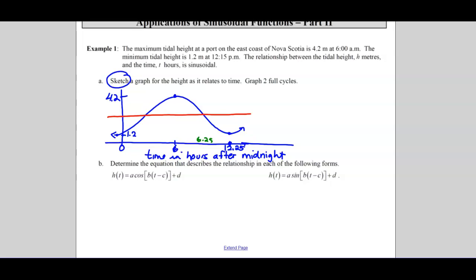Halfway in between. How do you find halfway in between? You take the average. So 4.2 plus 1.2 is 5.4, divided by 2 is 2.7. Or the difference is 3. Half of 3 is 1.5 added on. 1.5 will be your amplitude.